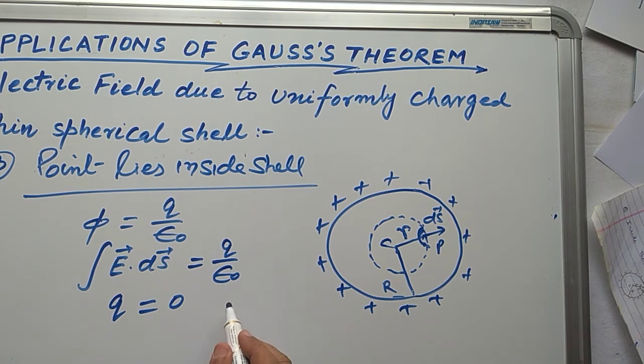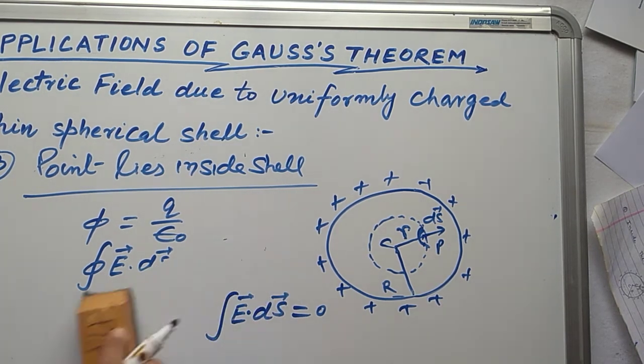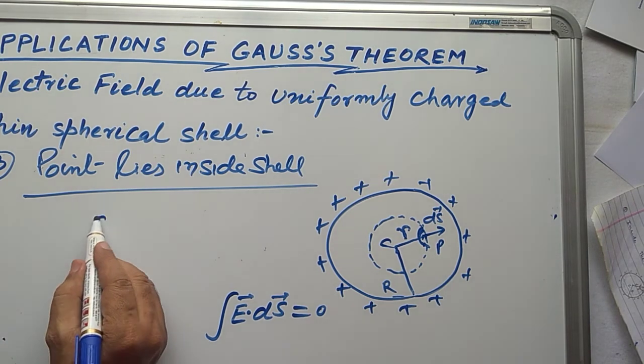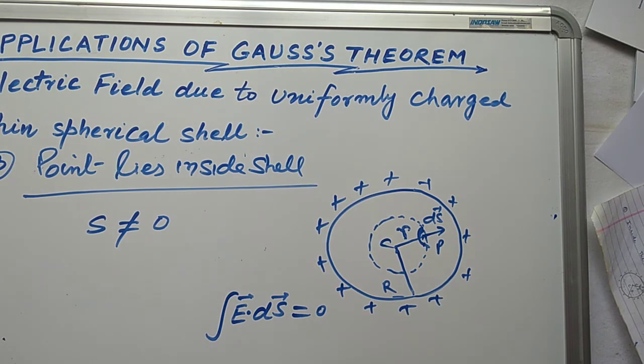So E dot ds inside the shell equals 0. As s cannot be equal to 0, the electric field inside the shell will be 0.